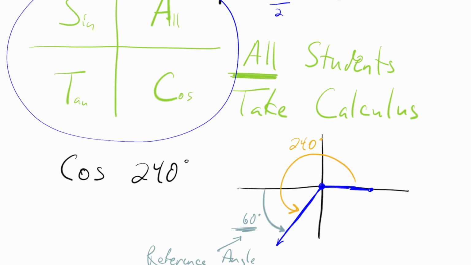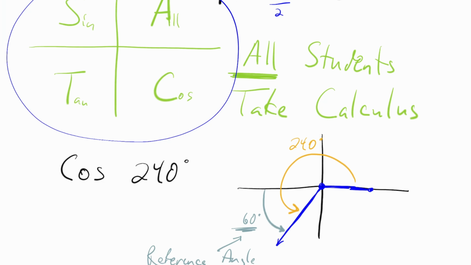When you and I figured out that chart a long time ago, getting the sine of 30 and so on, we only got these small little angles. Sine of 30, sine of 45, sine of 60. We didn't get the sine or the cosine of 240 degrees, right? So in order to solve for these larger angles, we actually need to use the reference angles. Is that making sense? Yeah.